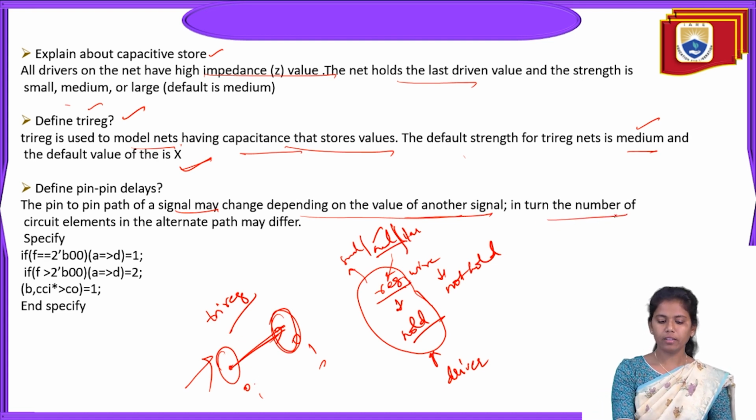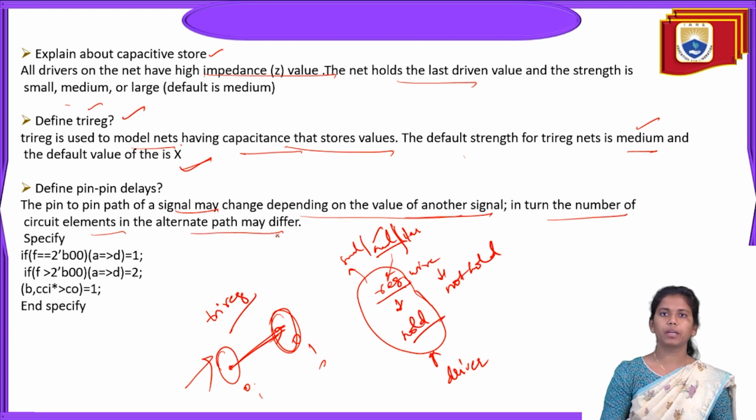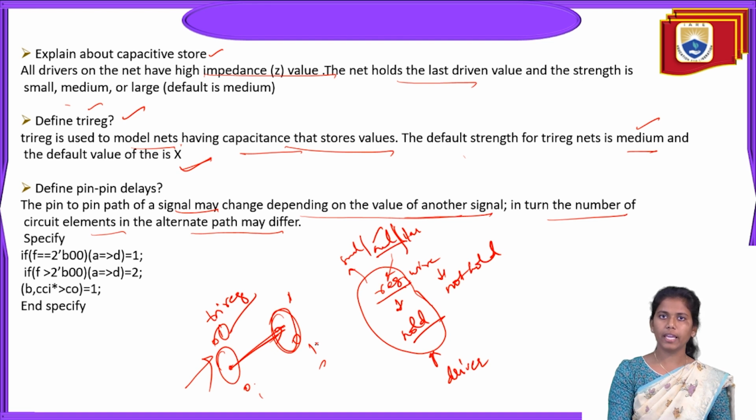In turn, the number of circuit elements in the alternate path may differ. For example, here I am sending my signal as 1, but as per this, my signal should be 1 to this path; then only I can reach.